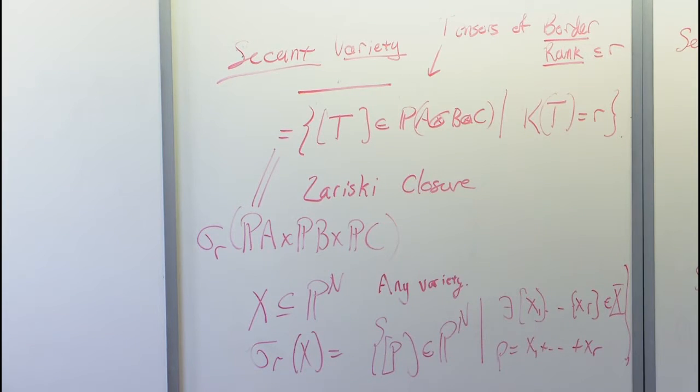So it's a little bit odd. The tensors on the border don't have rank r. It's kind of the opposite of what you expect. So call border rank all the tensors which, up to a limit, in the Zariski sense or even a Euclidean sense, have rank r. So most tensors we expect in this space would have rank r, but then some of them could have ranks other than r. Okay, so the next thing I want to talk about is what to expect about ranks.